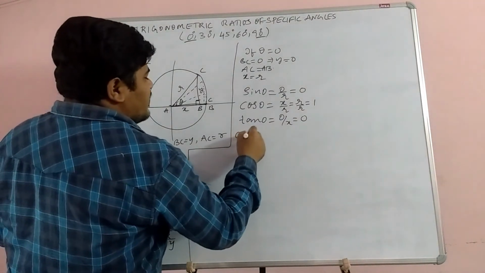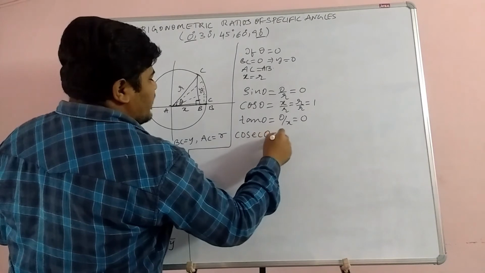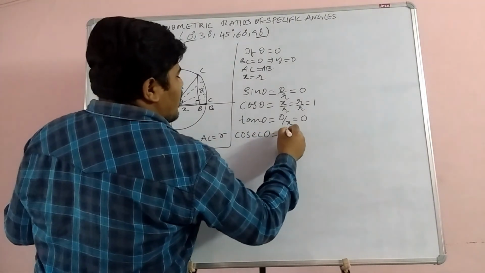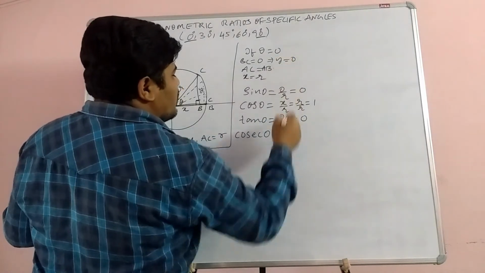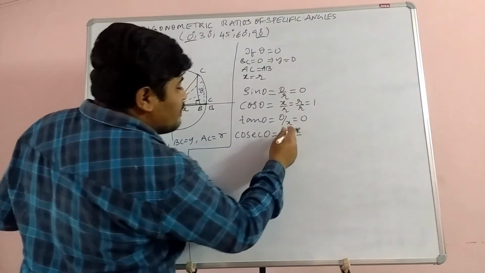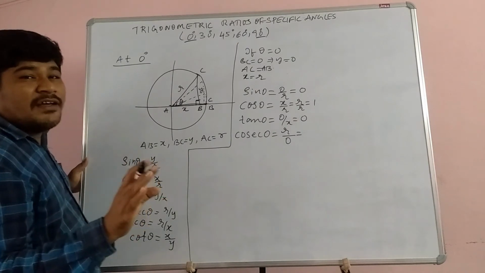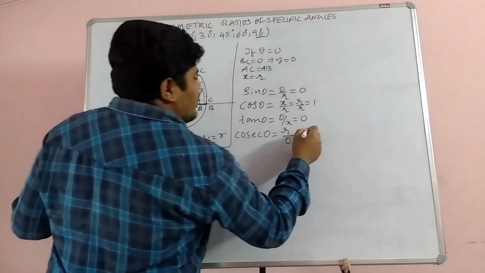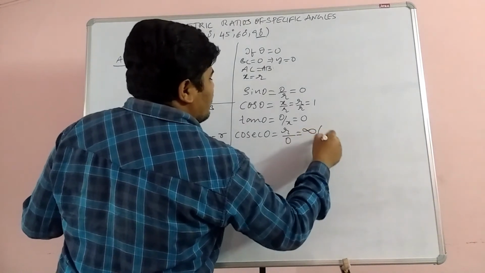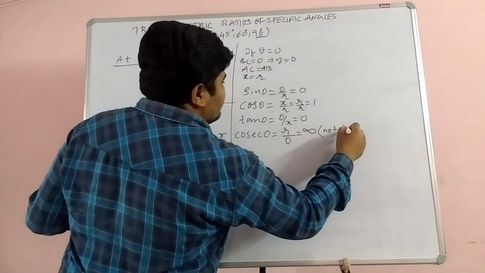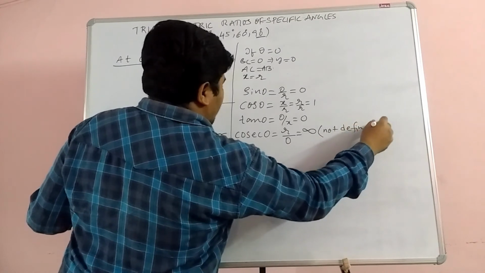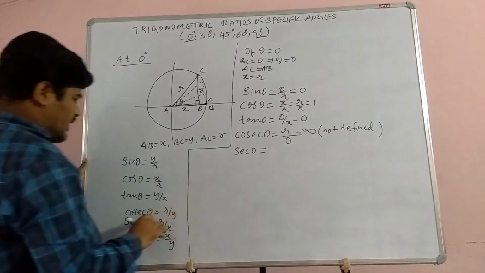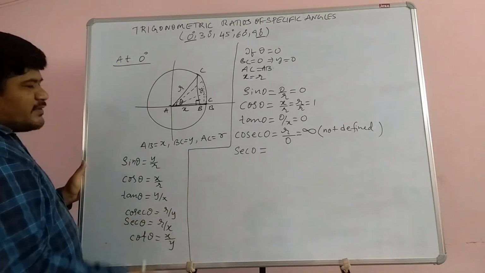Now cosec 0. Cosecant 0 is equal to r by y. Here the y value is 0. So r by 0, something by 0, that is undefined or not defined. Or else we can take the infinity symbol. So here we can take infinity or not defined. Now secant 0, or sec 0. What is sec theta? r by x.